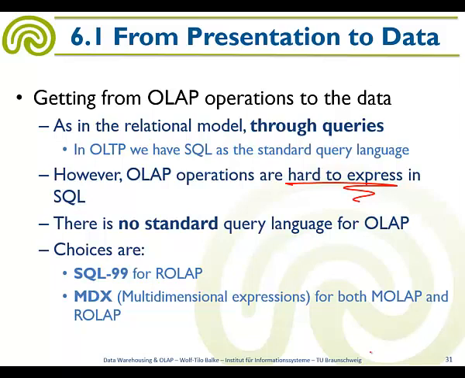For relational OLAP, there's SQL 99, which was a standardization within the SQL framework, and there's MDX for multidimensional OLAP, which is an SQL-like query language that is somewhere between SQL and Excel macros, so it fits the bill to some degree. And we will talk about both of them for the remainder of this lecture.